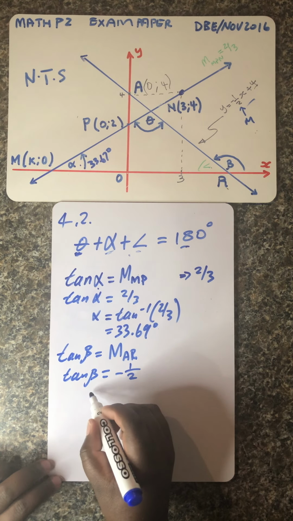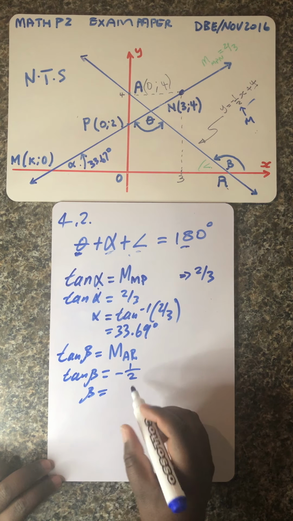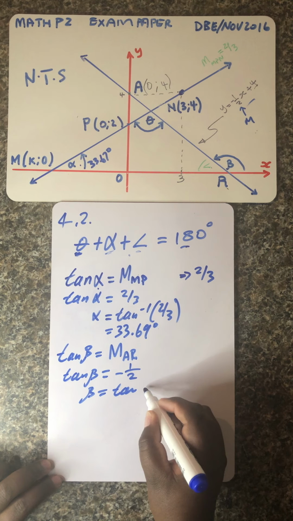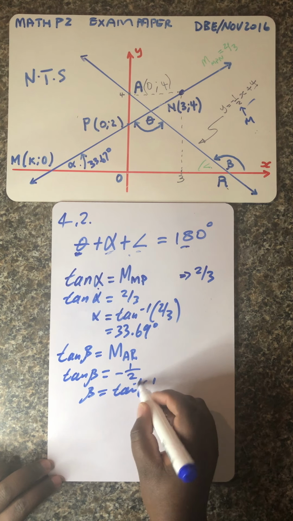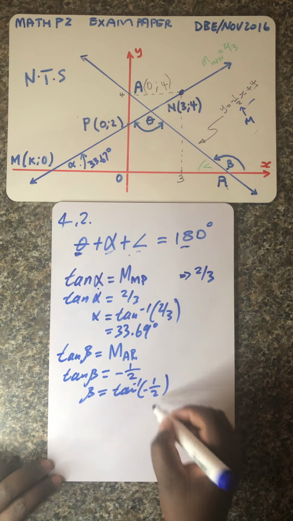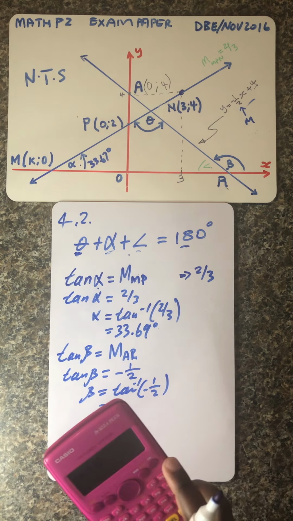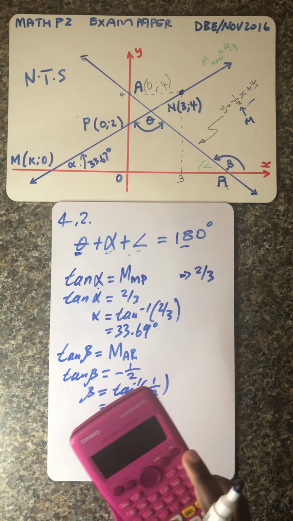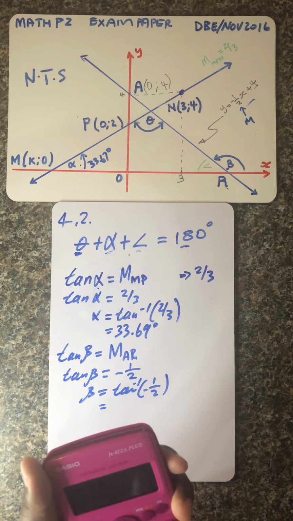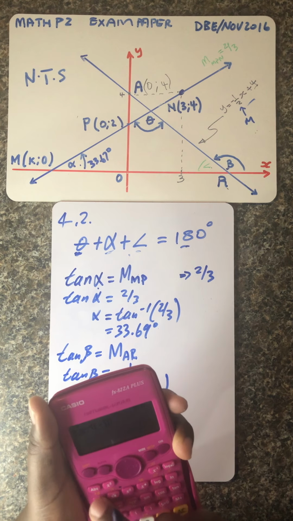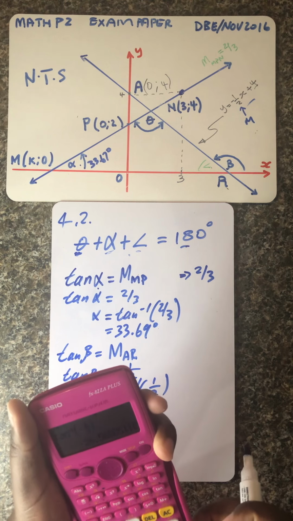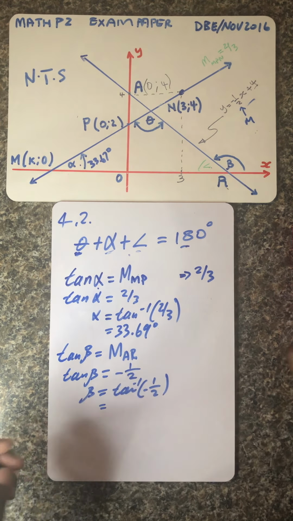So same thing, angle beta is equal to the inverse tan of negative 1 over 2. Let me see on the calculator, negative 1 over 2, I'm getting a negative angle.